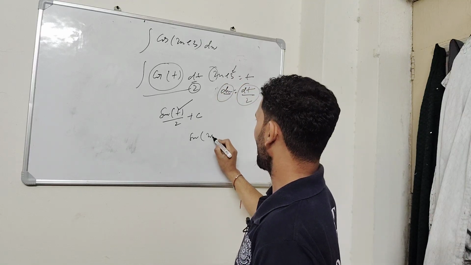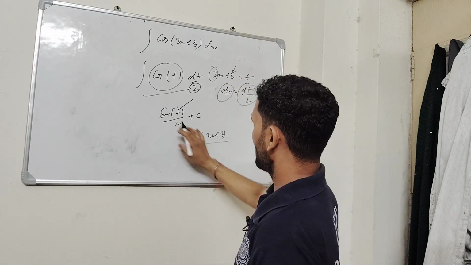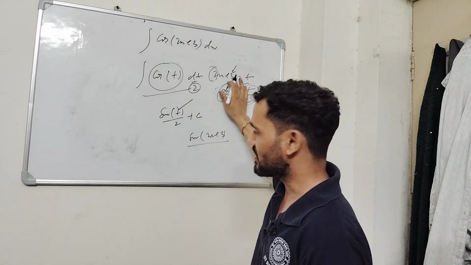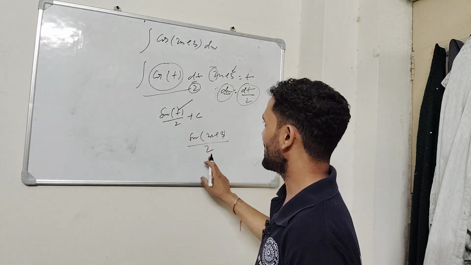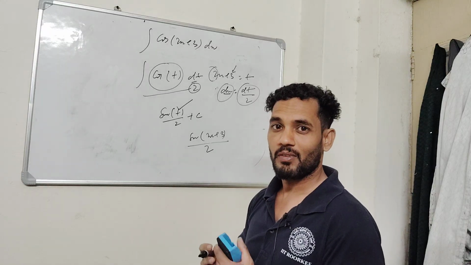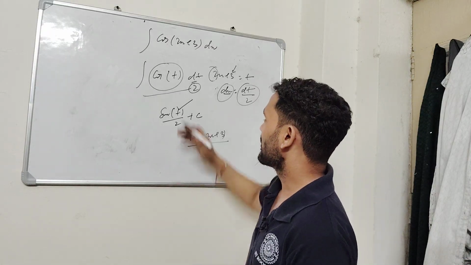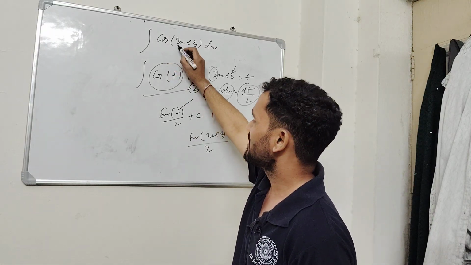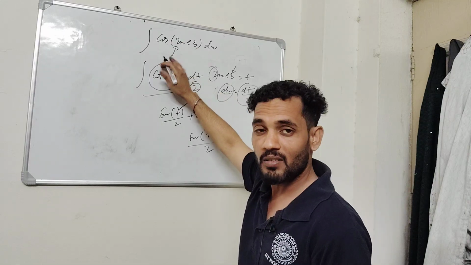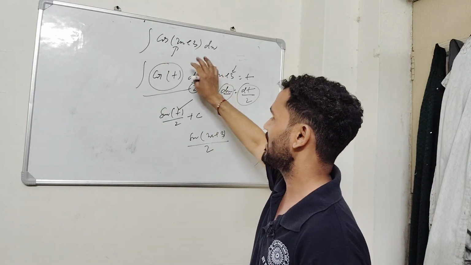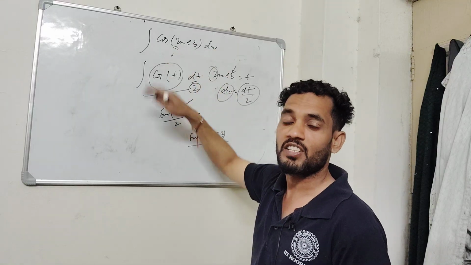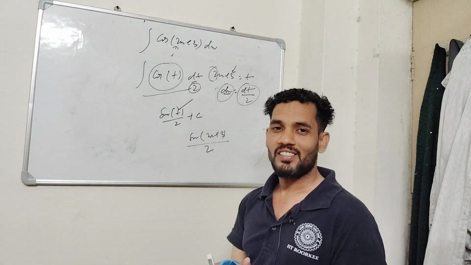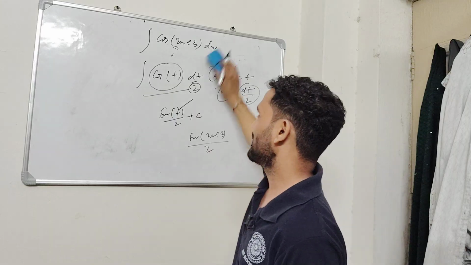Sin of 2x + 3. T is replaced by 2x + 3 simply here, and this is the coefficient, which I have already studied. Whatever coefficient is given of x, it comes into the denominator, right? And the whole system is treated as a standard form, right?